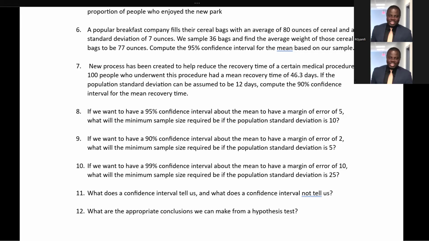You're going to find this on the formula sheet, which is going to be given to you on the exam. This is the formula for the confidence interval for the mean using the Z.